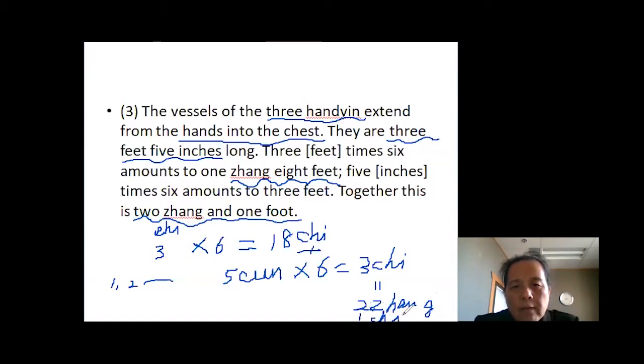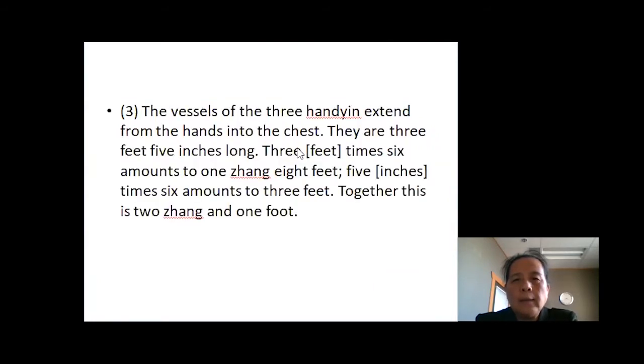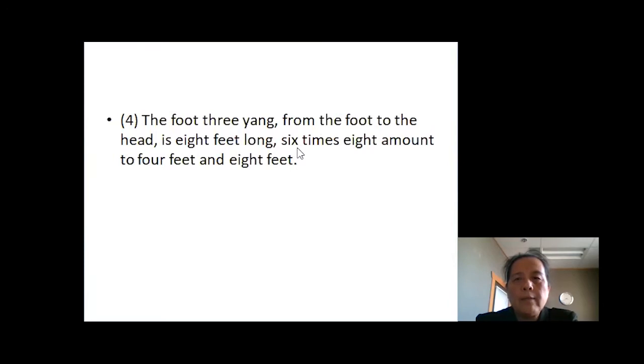They just calculate separately. So that's how long the 3 yin meridians are, and how they calculate it. Is it clear? So that's the 3 yang meridians and 3 yin meridians on the hand.